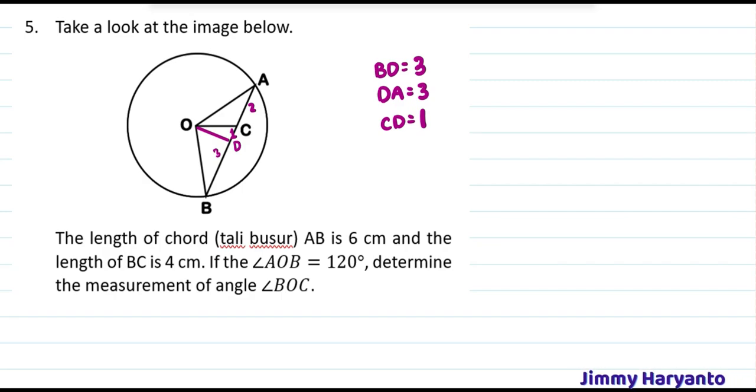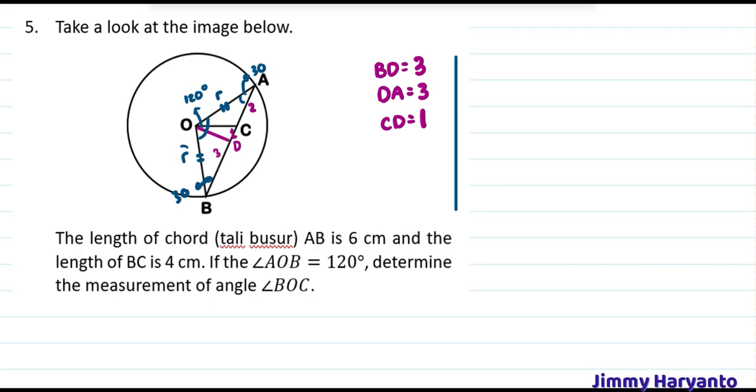Okay, so the next thing is if this one is 120 degrees, that means this one will be 30 and this one will also be 30. Do you know why? Because this is an isosceles triangle. How do you know it is an isosceles triangle? Because the triangle has sides that are the radius of the circle.